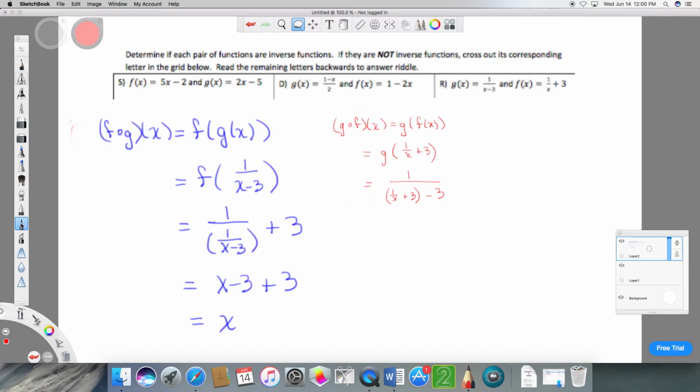So let's look at that denominator. We have 1 over, well, the 3 minus 3, they cancel. We have 1 over x. So again, it's saying take the reciprocal of 1 over x, which is just x. So since these are both equal to x, we conclude that these functions are inverses of each other.